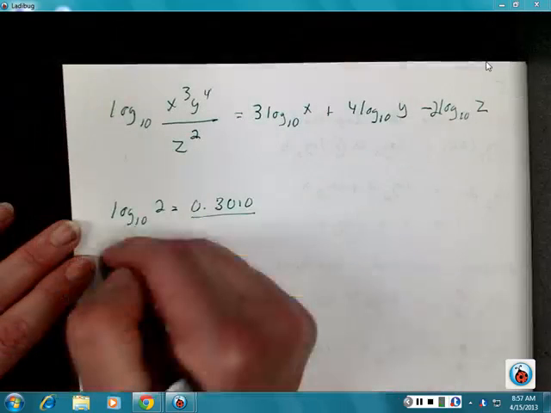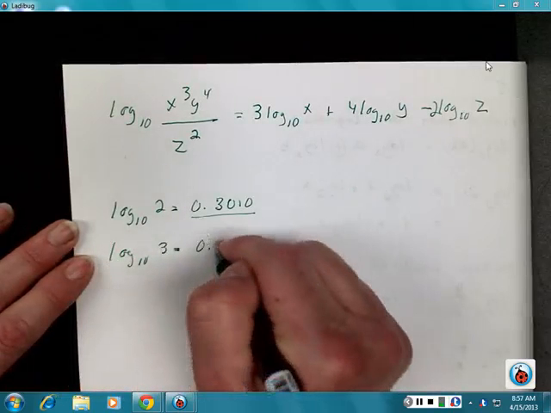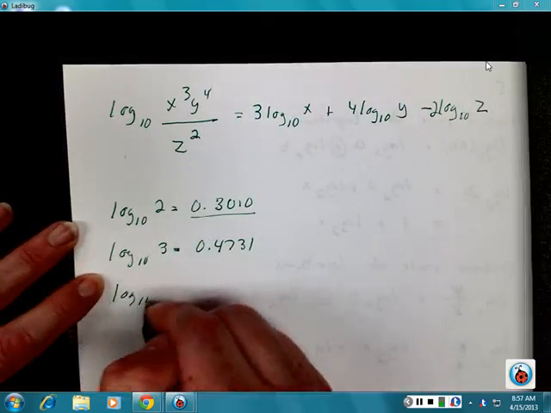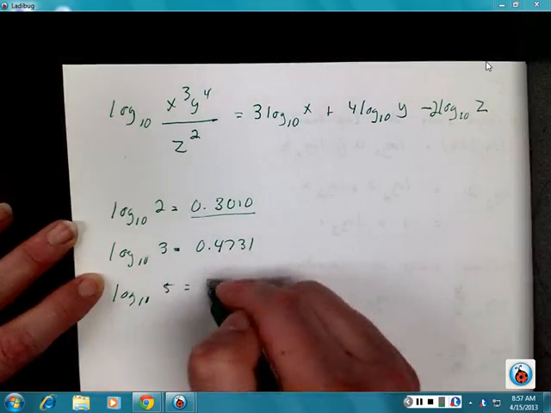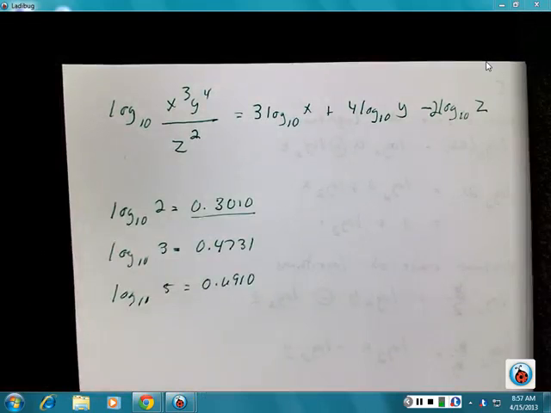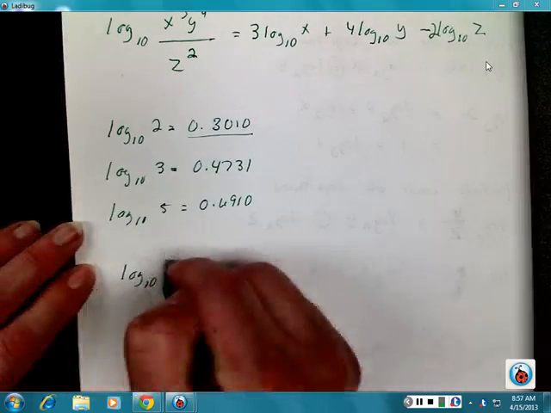And then they give you log 10(3), which is 0.4731, and log 10(5) is equal to 0.6910. And then what they go through and do is give you something like log 10(6).